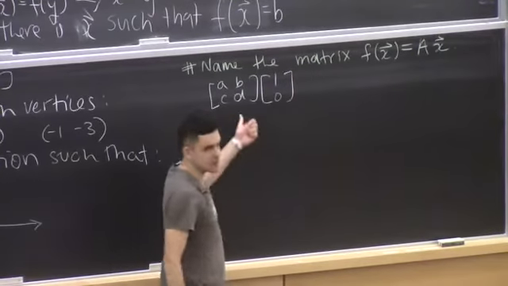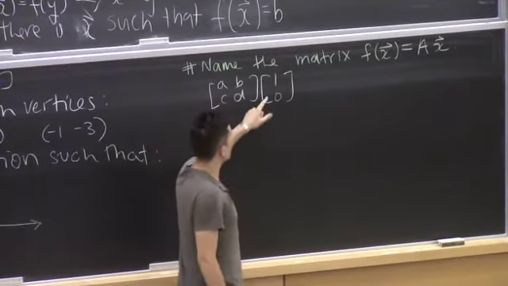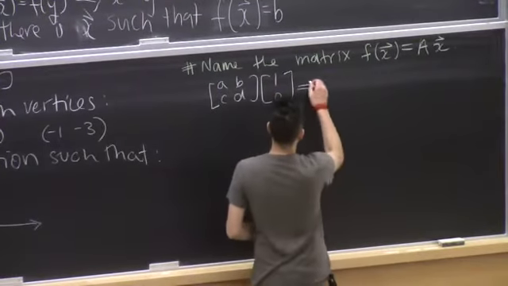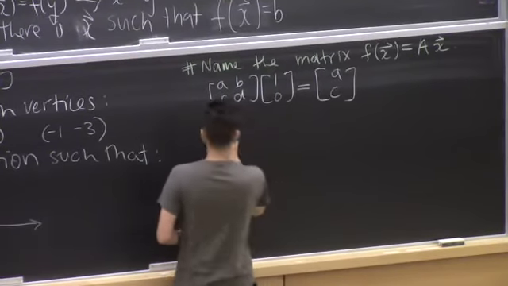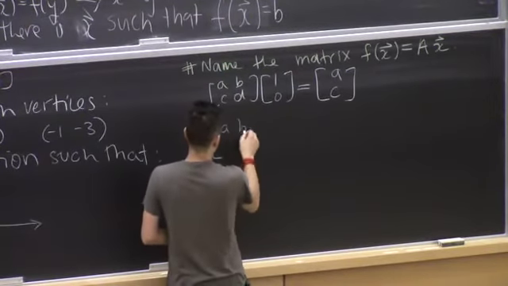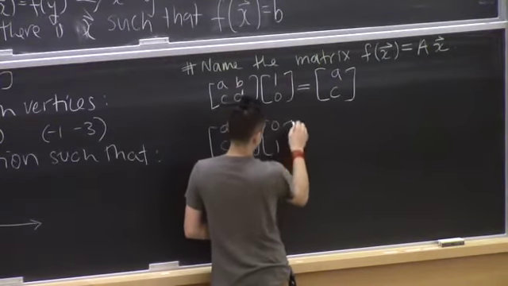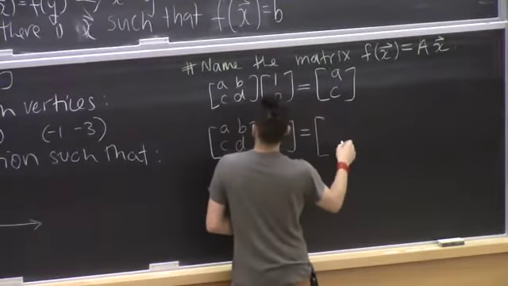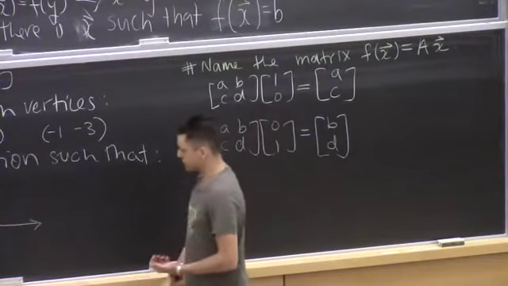And you'll note that this matrix, when we multiply it by the vector in the x direction, gives AC, and gives BD.